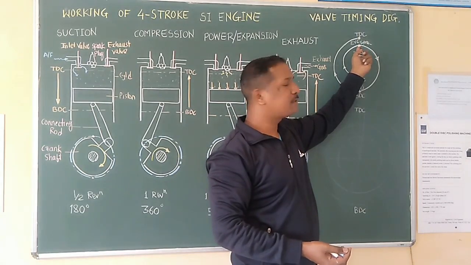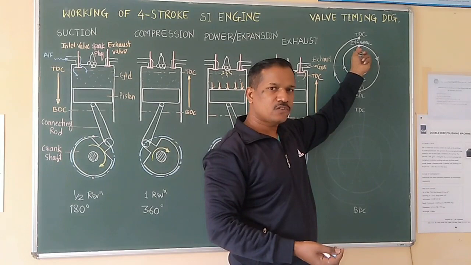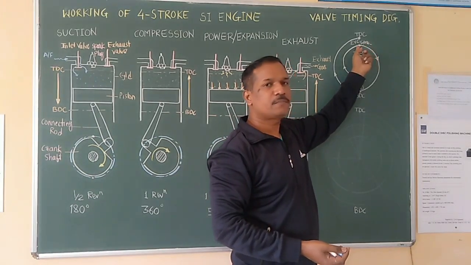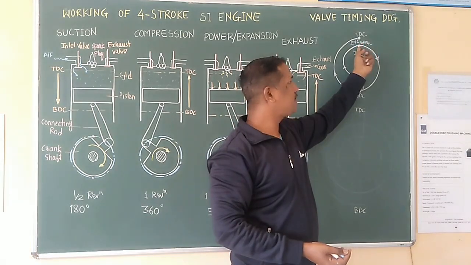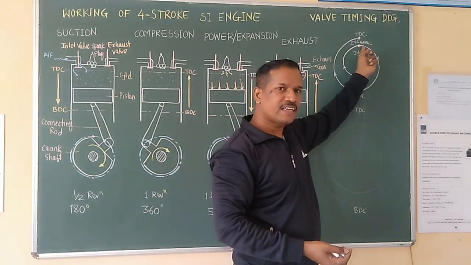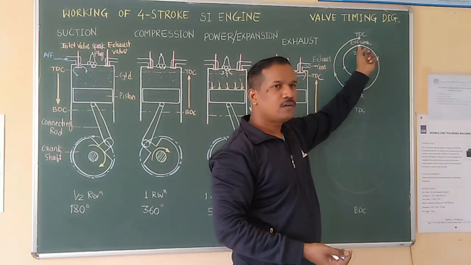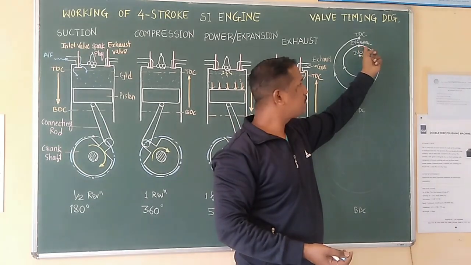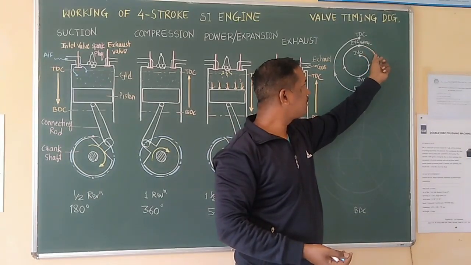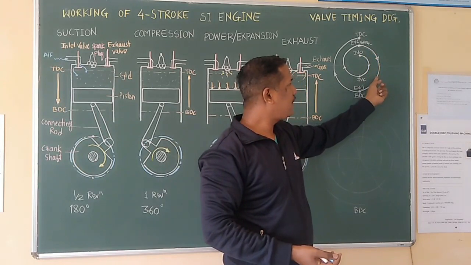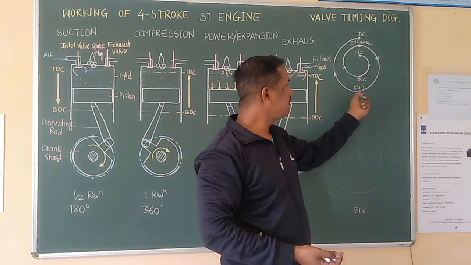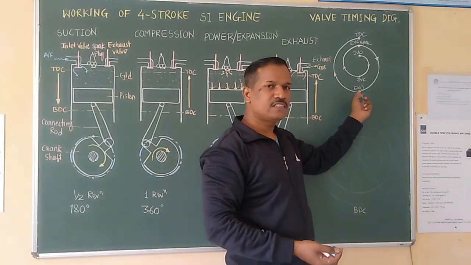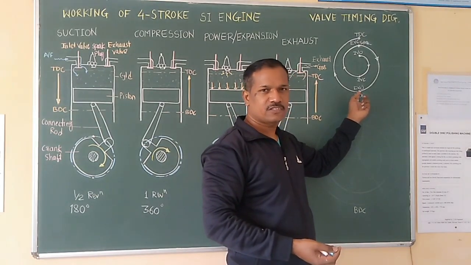At the end of compression, all the charge is compressed to high pressure and high temperature. At that time, the spark is produced, and that spark burns all the gases, and the burning gases try to expand, and that expansion force pushes the piston towards BDC, and this expansion continues till the piston reaches BDC. When the piston reaches BDC, our complete cylinder is filled with exhaust gas.